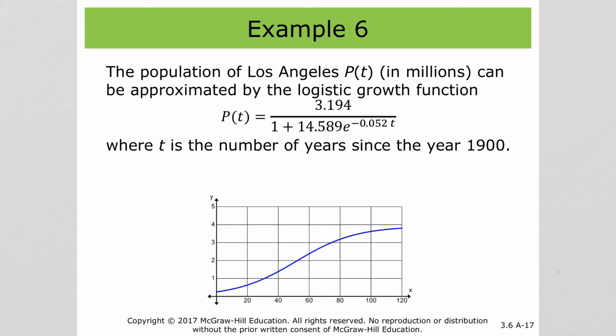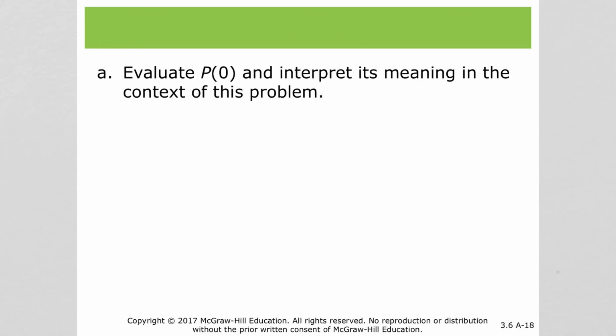So that is why the carrying capacity is that. But we have this function, and here it is graphed for us. Part A says evaluate P sub 0 and interpret its context in this problem. Let's go ahead and figure out what it is. On the bottom we have 1 plus 14.589 e to the negative 0.052, and that's where we plug in our 0 for t.